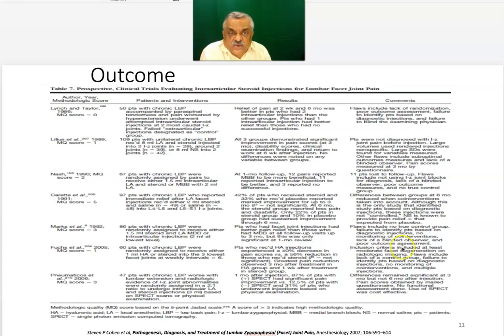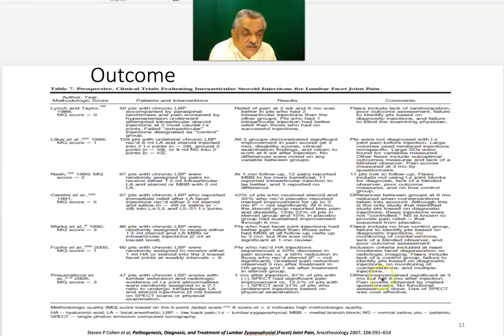Now, there are various outcomes of these procedures, and as mentioned in the initial talk, we have also published on endoscopy for rhizotomy to relieve the facet-related pain, which can be accessed from the International Journal of Spine Surgery. Now, these various studies which have been mentioned here can be summarized by going through the comments.